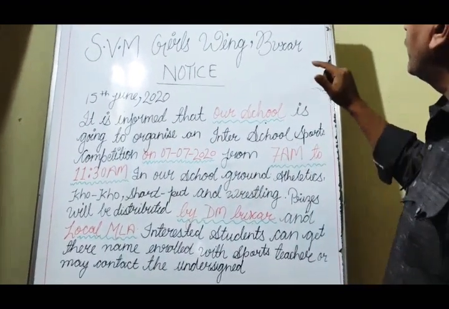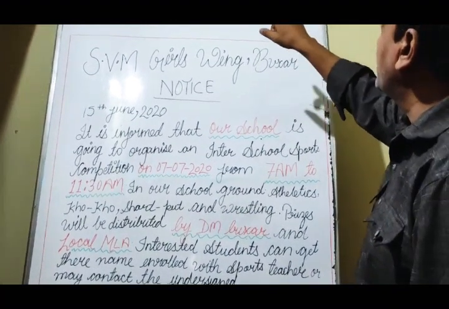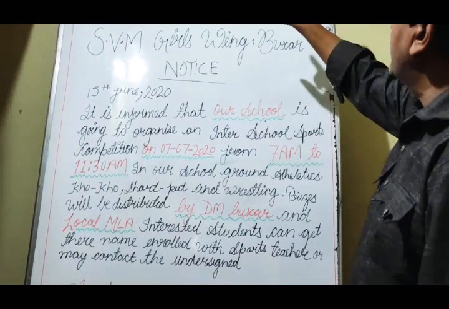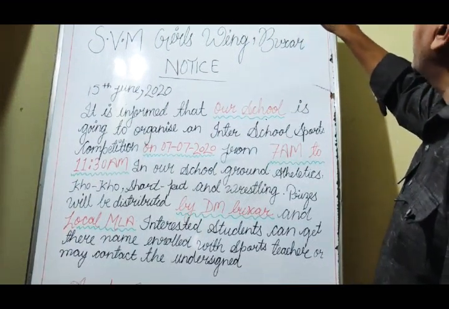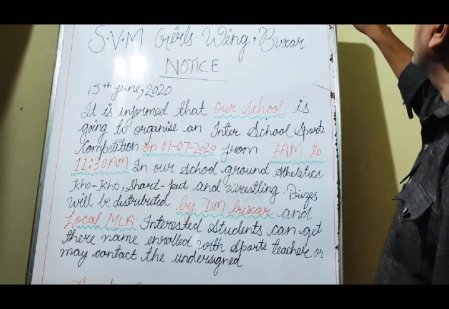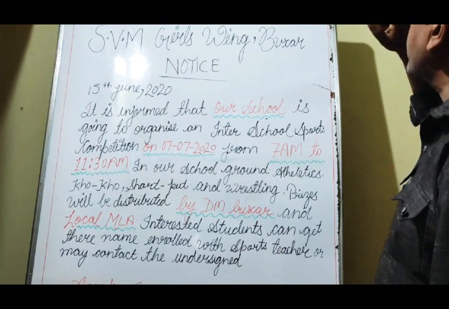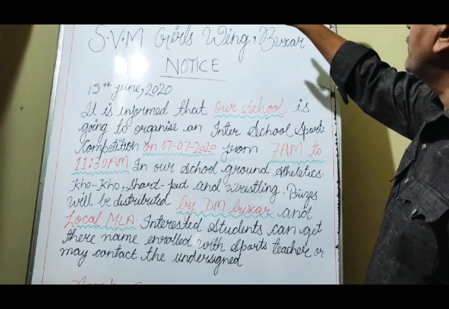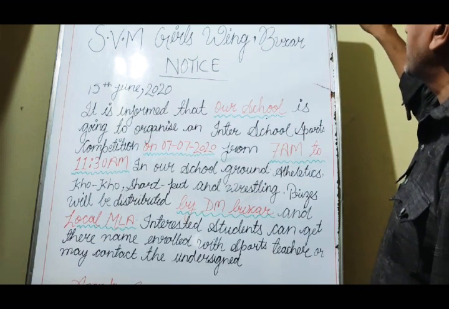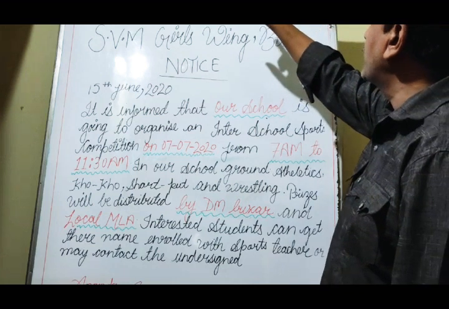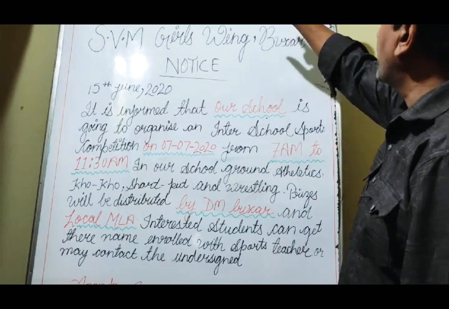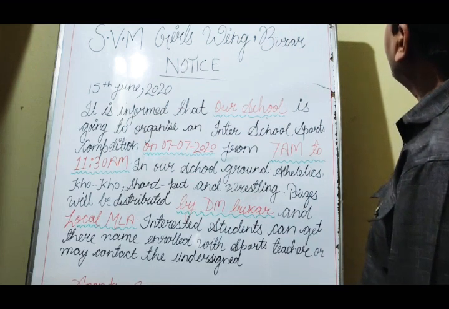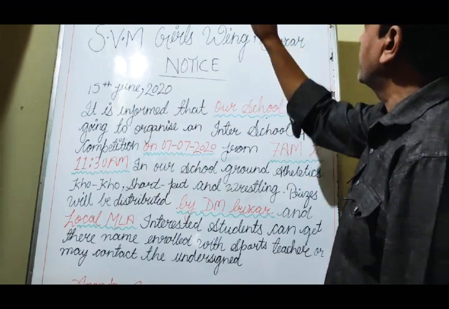For example, here we have taken: School Notice, SVM, Girls Wing, Buxar. This is the organization which has issued this notice, and its name is written at the top. Always be careful that it is maintained in the center.